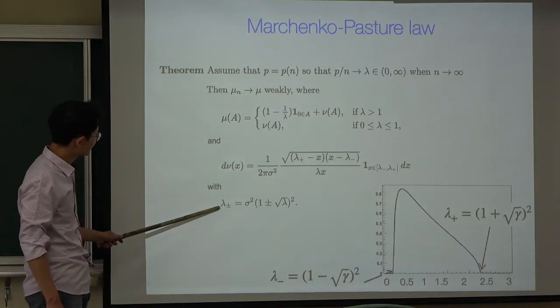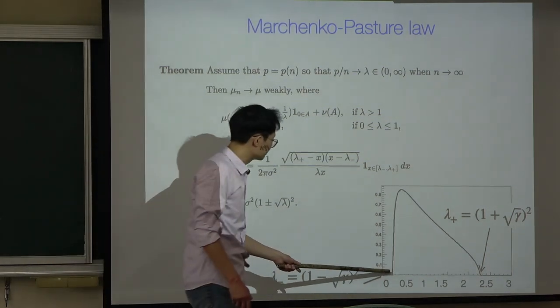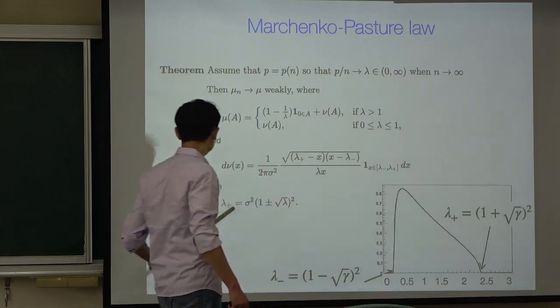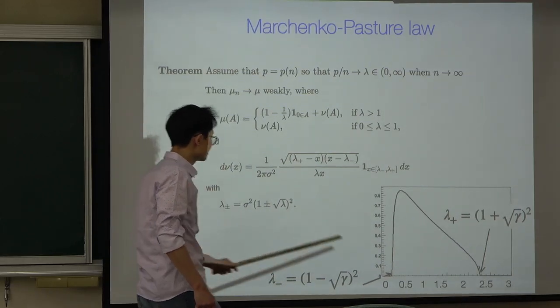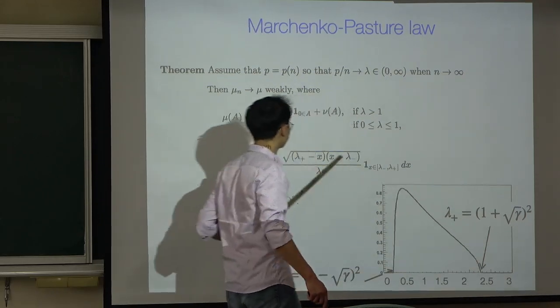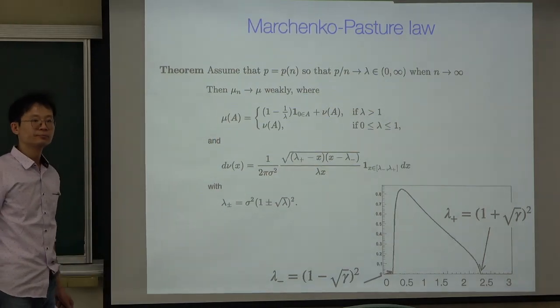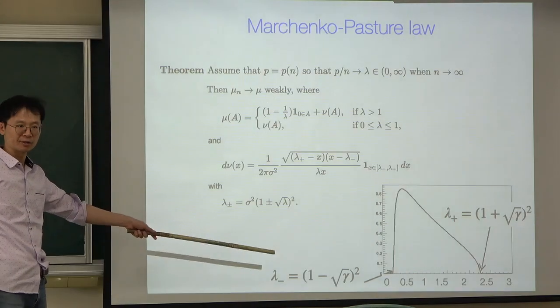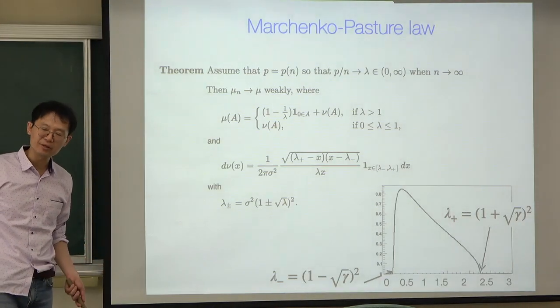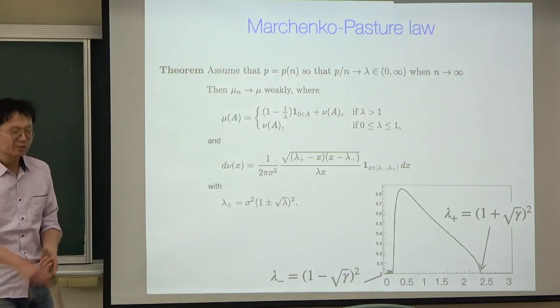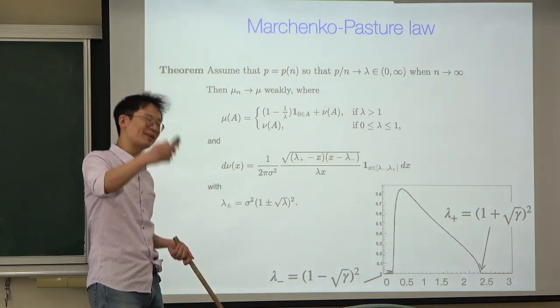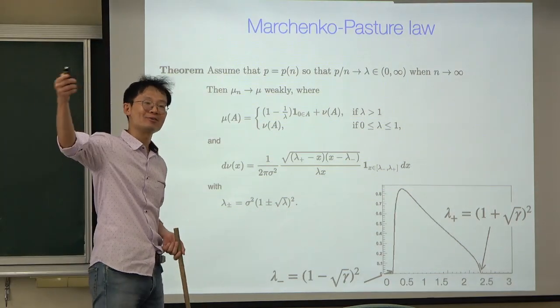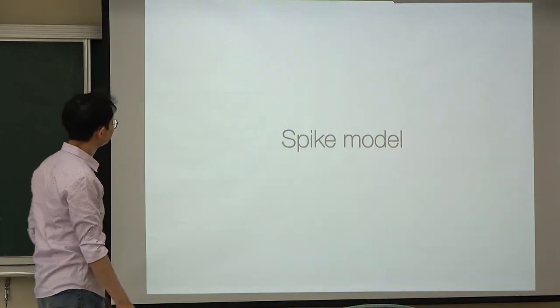You can precisely write down the two boundary points, lambda plus and lambda minus, and its morphology can be fully quantified here. So this explains what we saw before numerically, when you have 2,000 points in a 1,000-dimensional space.